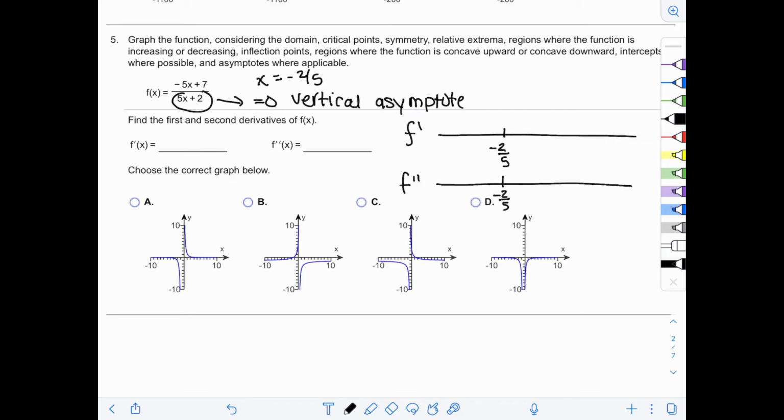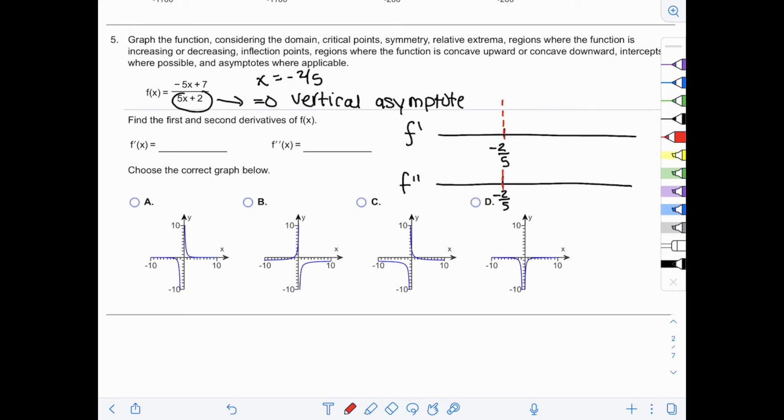So that's why we need to put them on the number lines, regardless of that we might not call them a critical number or a point of inflection. And sometimes to help me remind myself that that's the case, on this number line I might even draw something that kind of looks like a vertical asymptote. It's not going to be a point that I plot on my graph, but it's trying to look on either side of that vertical asymptote to figure out what's increasing, decreasing, or the concavity.